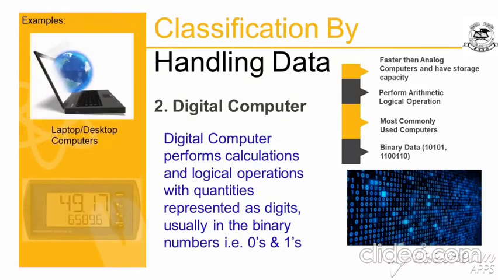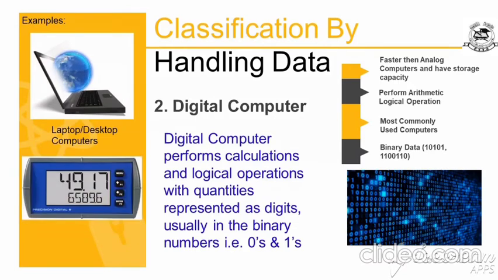We may have seen digital meters these days, and digital thermometers are used commonly in today's situation. These are the strings of binary numbers, zeros and ones, which means 0 is equal to off and 1 is equal to on.